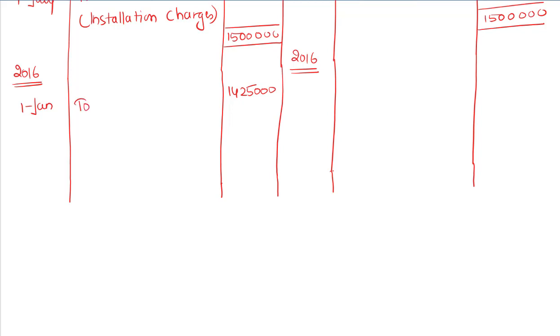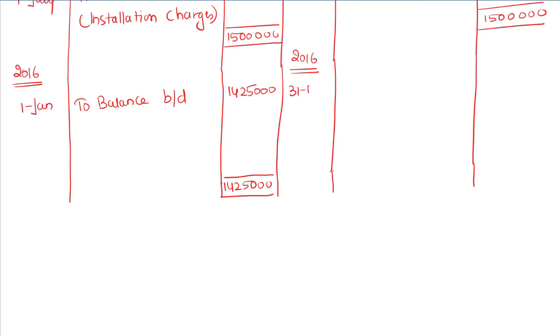January 1st, 2016, to balance brought down, 14 lakh 25,000. Let us do the totals over here.